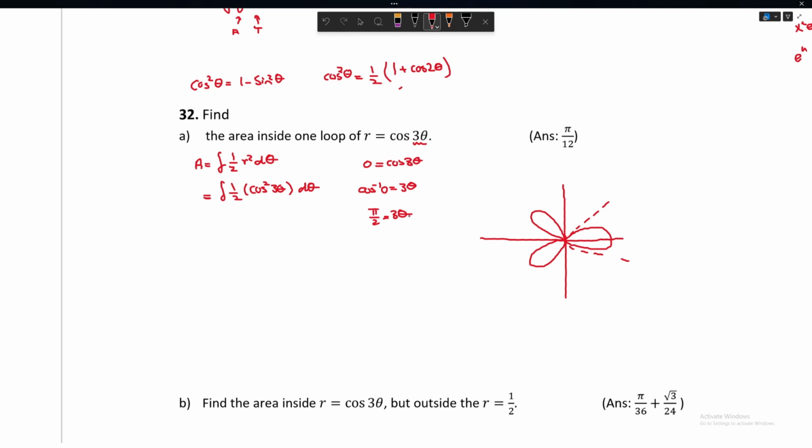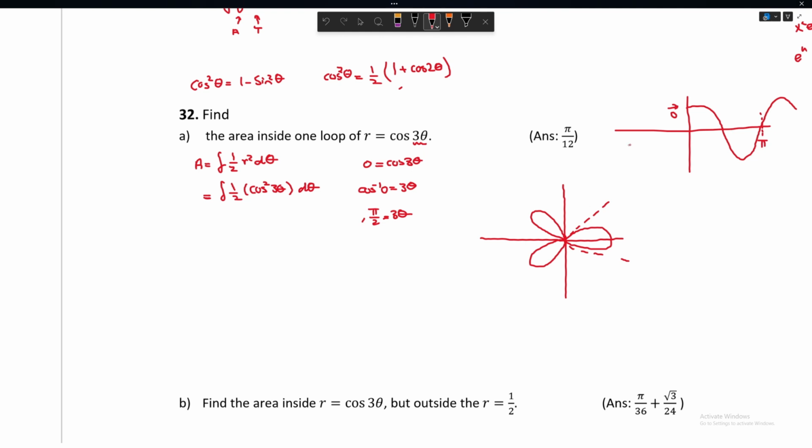Now, the other thing you can do here, how many occurrences does your cos repeat? We know cos starts like that, and we know it starts at 0 and it repeats every pi.